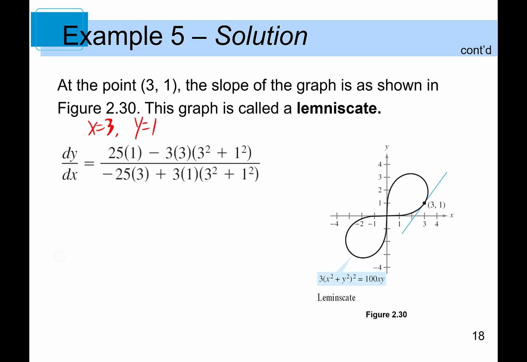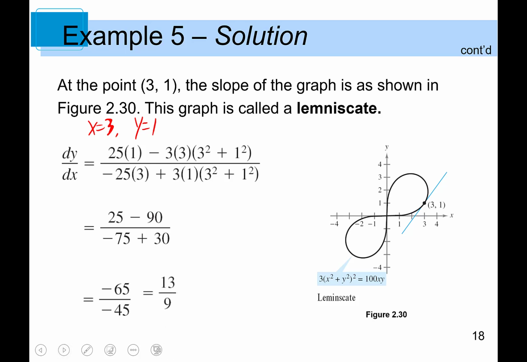And then you perform the operation, eventually end up with negative 65 over negative 45, and then reduce both top and bottom by negative 5. And it becomes 13 over 9. And this particular graph is what they call Nanny's gate. Nanny's gate is a very special graph. And the slope of the tangent line at the point (3, 1) is 13 over 9. Okay.